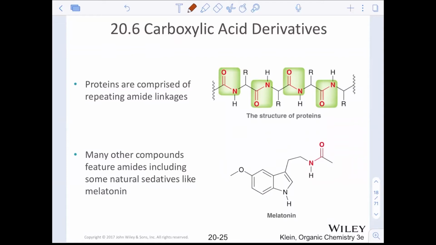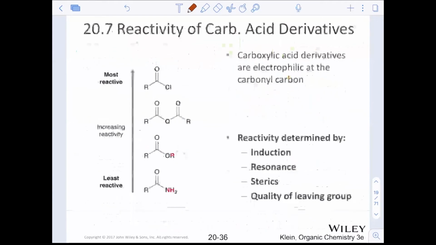The amino acids are carboxylic acids and amines, and when they react, the nitrogen moiety reacts with the carbon of the carboxylic acid moiety, they make an amide, and that amide bond is something that we're actually going to be able to do at the end of this chapter. Many other compounds feature amides, some just natural sedatives like melatonin, which helps you sleep and all sorts of stuff.